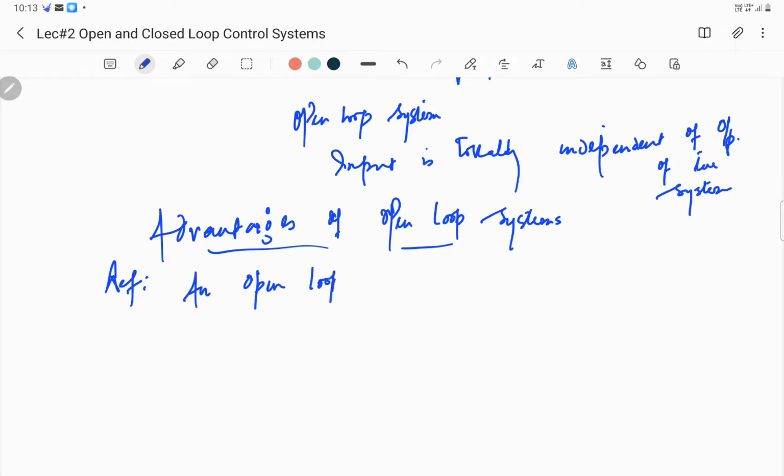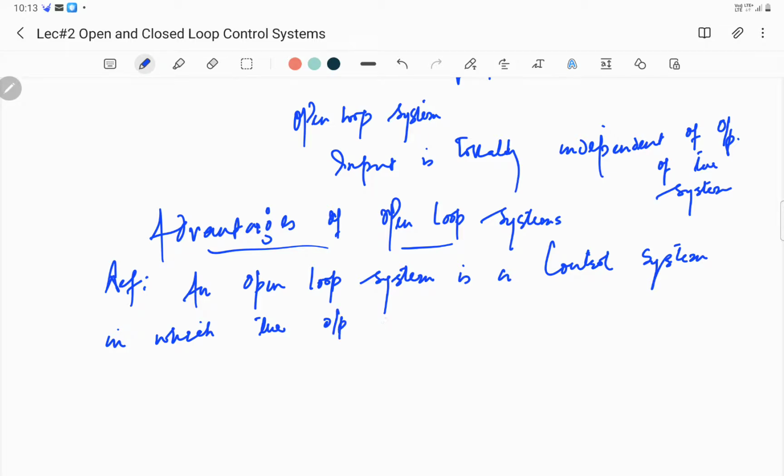An open loop system is a control system in which the output of the system depends on the input.